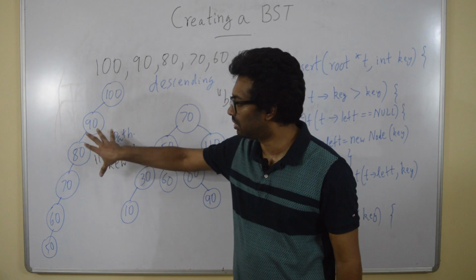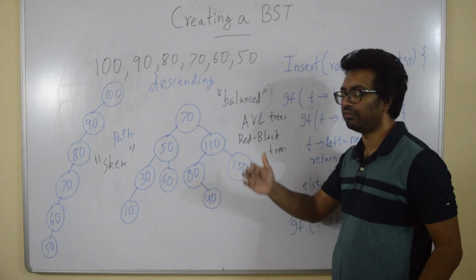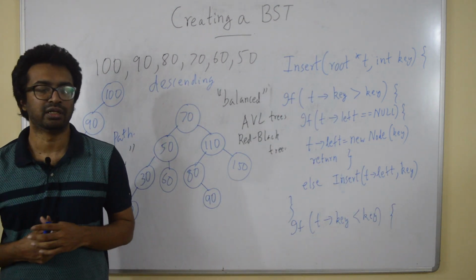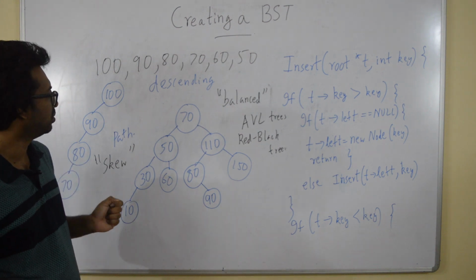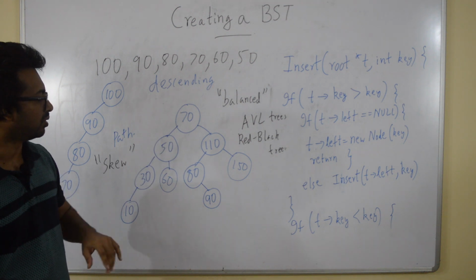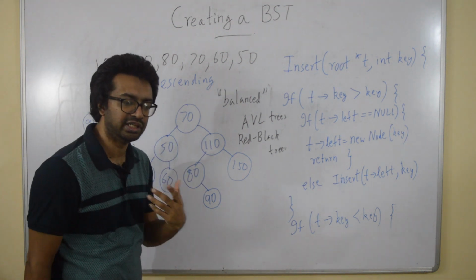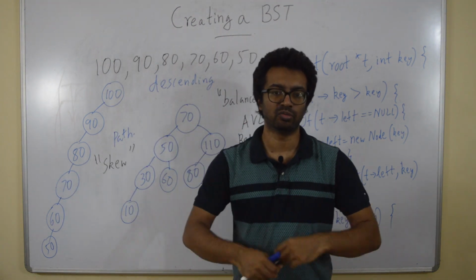Such a skewed tree does not appear in trees like AVL trees or red black trees. The insert function is a little more complicated. They change the structure of the tree once they insert a number and make it into a more balanced structure.